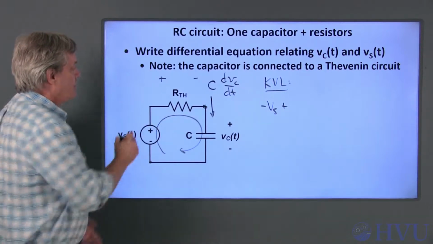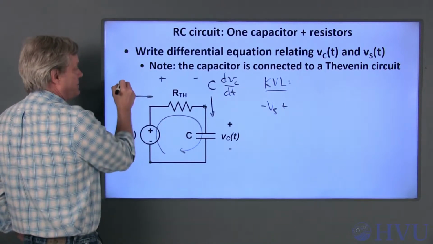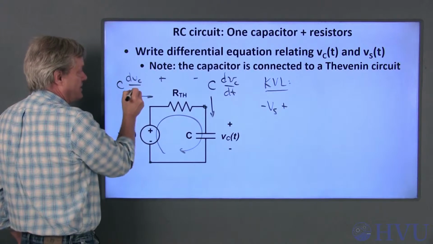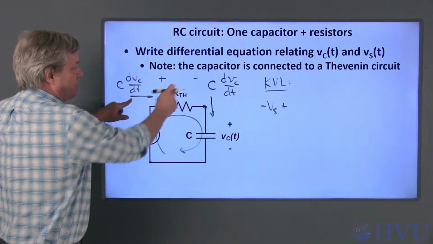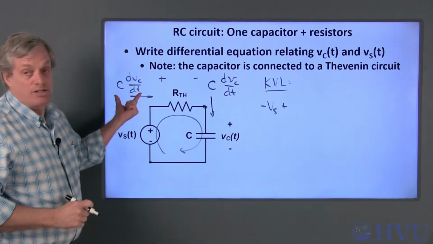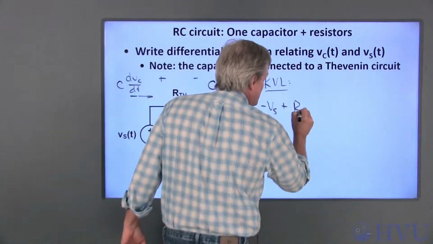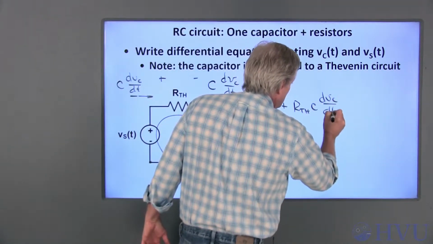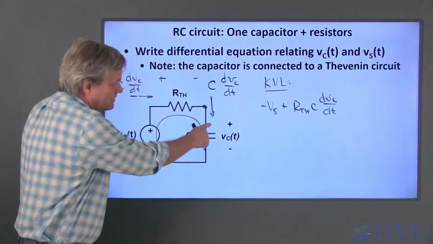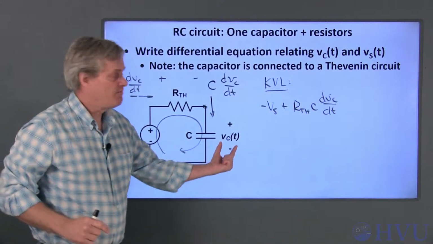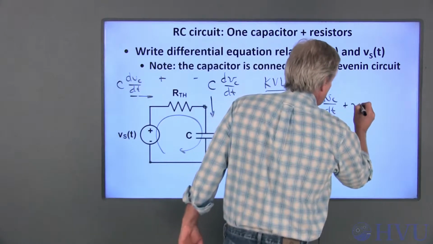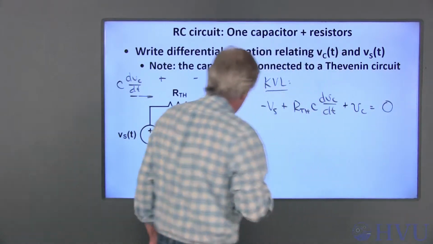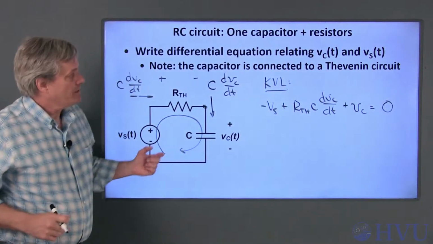KCL here says that the current through this resistor is C dVc by dt. So this voltage is the resistance, RTh, times the current, plus RTh times C dVc by dt, plus the voltage across the capacitor, which is just Vc of t.